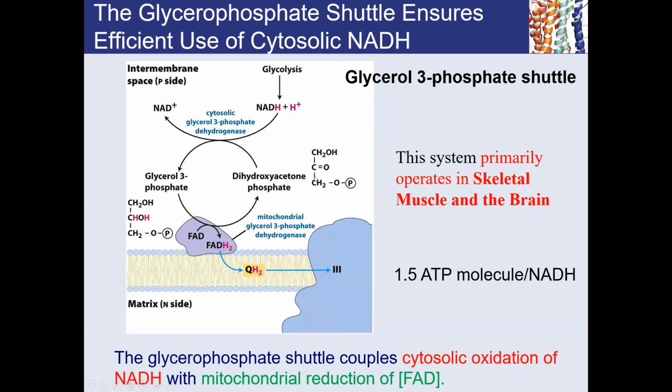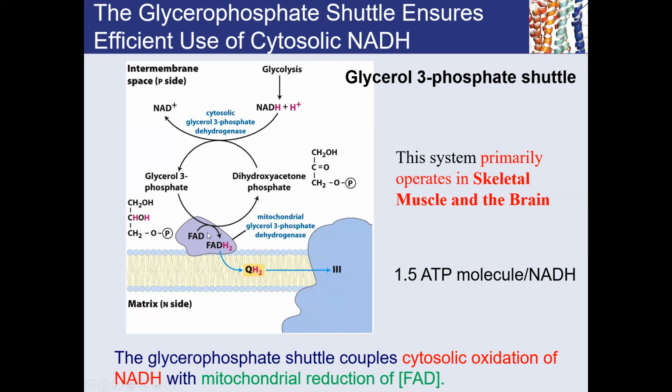So dihydroxyacetone phosphate and NADH will be the substrates for the cytosolic isoform of glycerol 3-phosphate dehydrogenase, converting those two molecules into glycerol 3-phosphate and NAD+. Now, once you have glycerol 3-phosphate, that becomes a substrate for the mitochondrial glycerol 3-phosphate dehydrogenase.